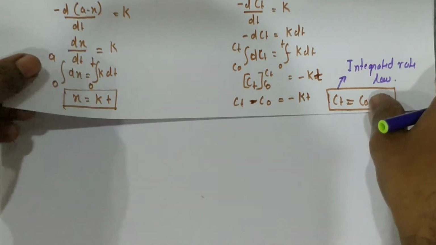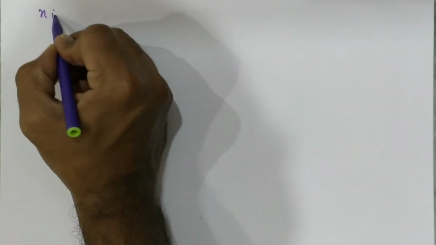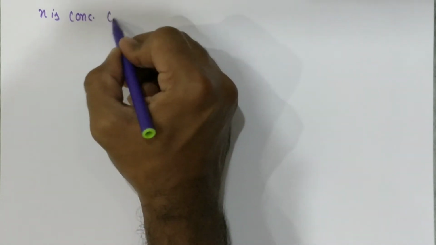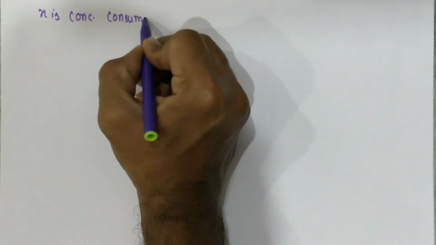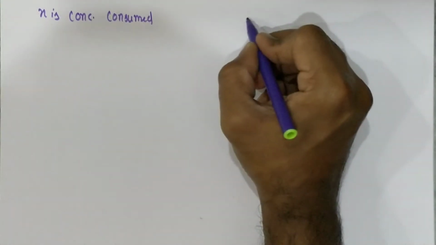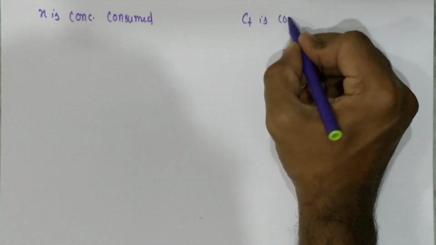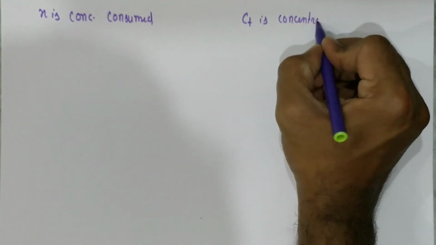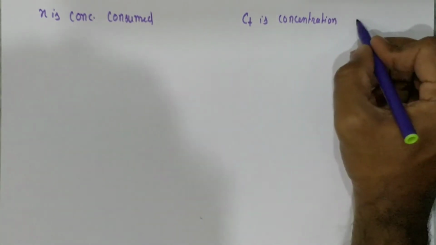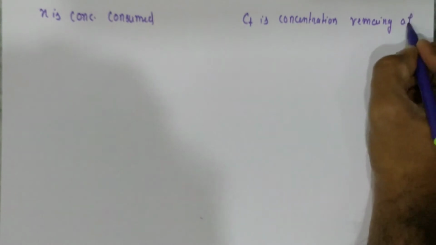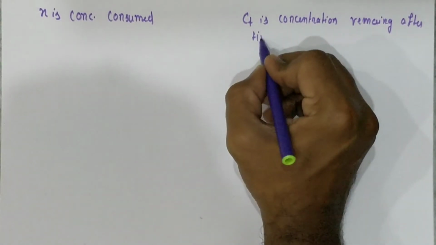Here the x is the concentration consumed and the Ct is the concentration remaining after time t.